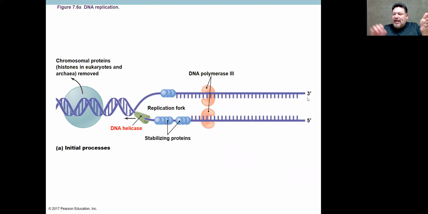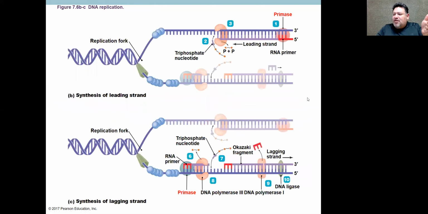That's it. It doesn't work backwards. So when DNA polymerase is replicating, one strand, okay, is adding nucleotides in a 5 prime to 3 prime direction, and that guy just keeps on going.